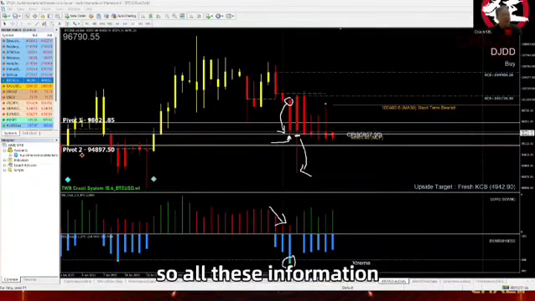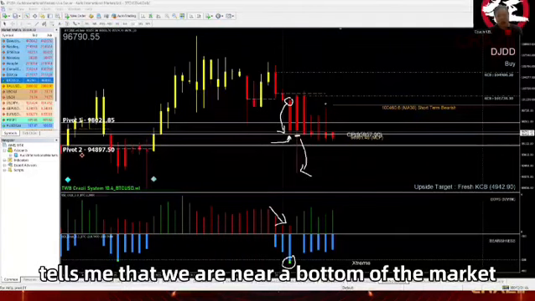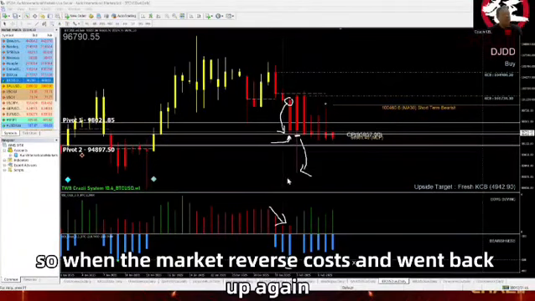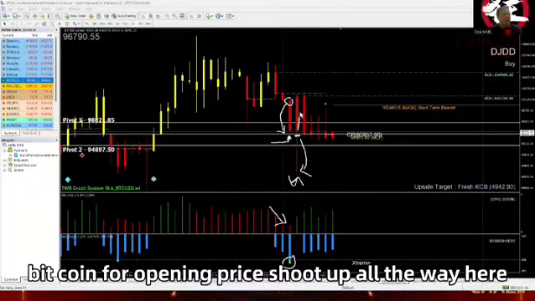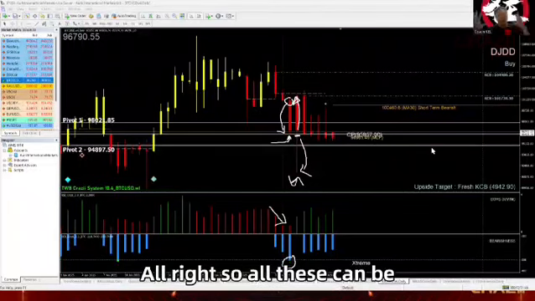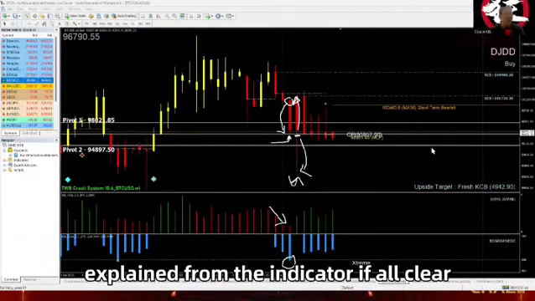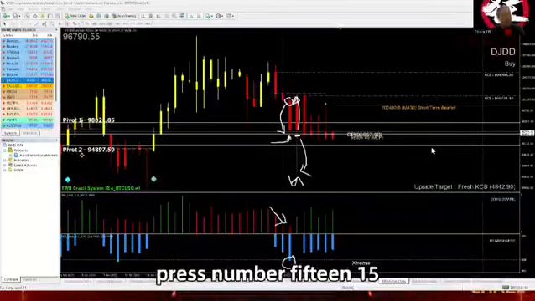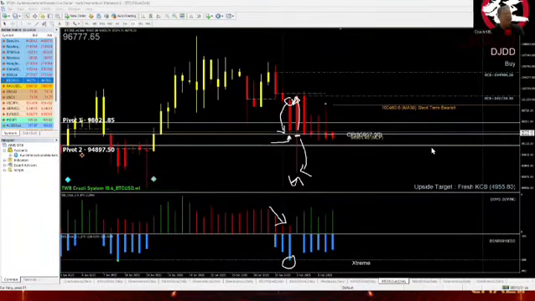So all this information tells me that we are near a bottom of the market. When the market reversed course and went back up again, Bitcoin from the opening price shot up all the way here. All of this can be explained from the indicator. If all clear, press number 15, 1-5.